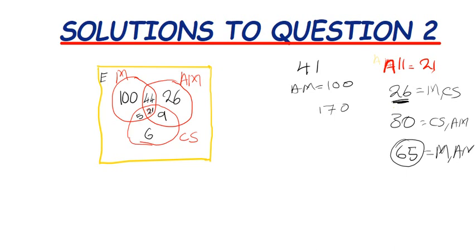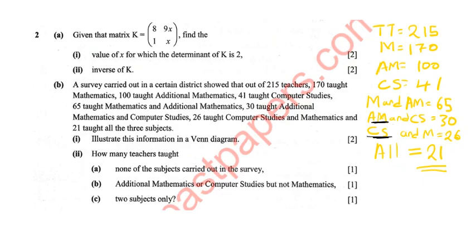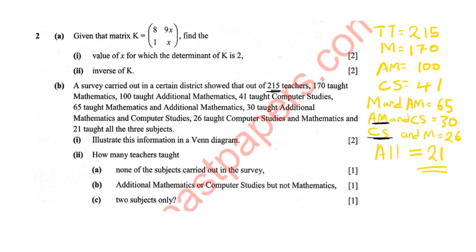Now this is not a complete answer, because they have already given us a total, which is what? 215. So as we can see in the question, there were 215 what? Teachers there.